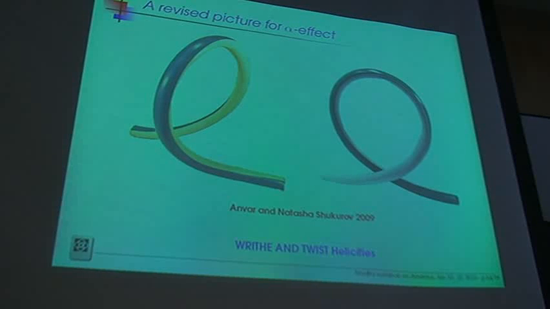The Lorentz force is J cross B. So it turns out that the Lorentz forces associated with the small scale twists are much stronger than the Lorentz forces associated with the writhe, basically because of the fact that it's on a smaller scale.